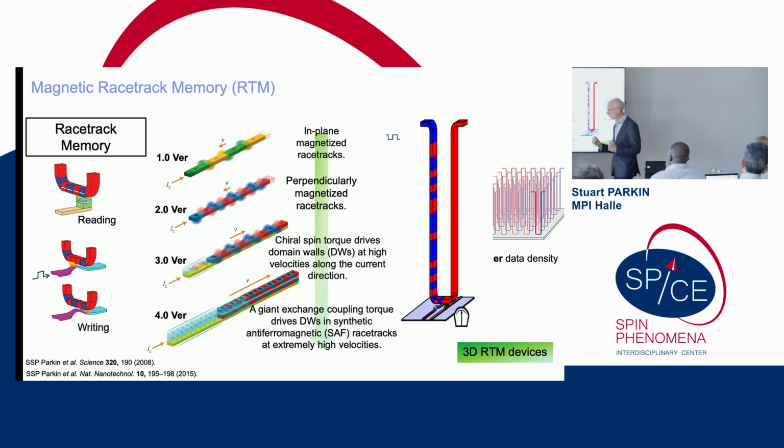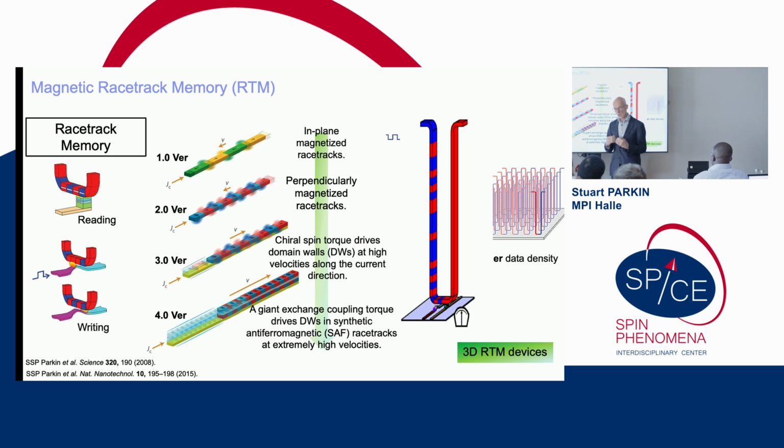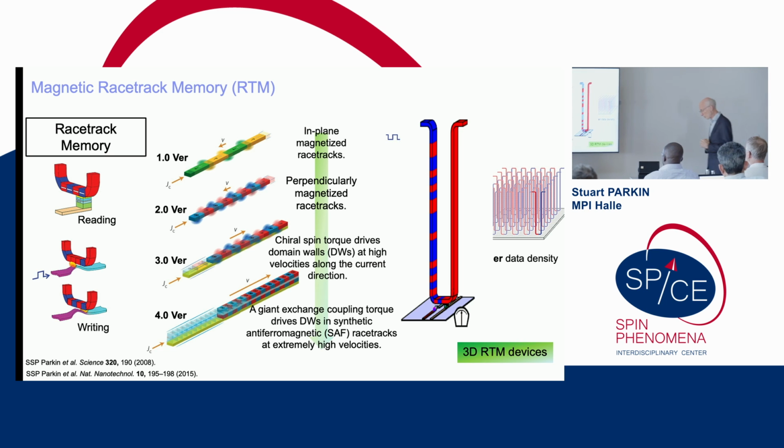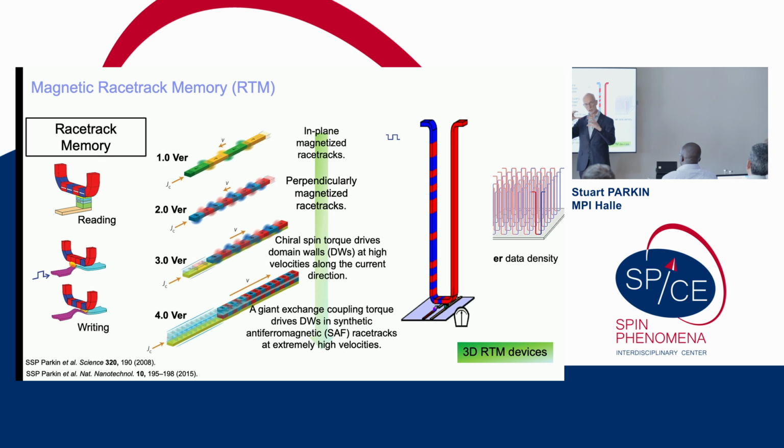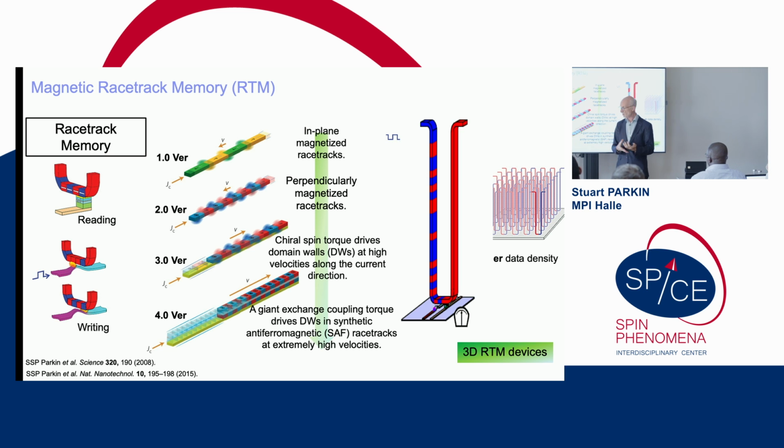Then we introduced perpendicular magnetic anisotropy by multilayering cobalt and nickel layers, each layer just a few angstroms thick, and we demonstrated one can achieve velocities similar to those in these very soft nickel cobalt iron materials, about 100 meters per second, but they're driven by the so-called spin transfer torque.